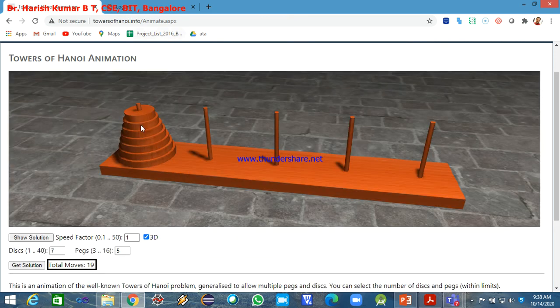I think 7 disks are there. Let us not take 7 disks, and pegs are also more. So we'll focus on only 3 pegs, and let me start with 3 disks first.